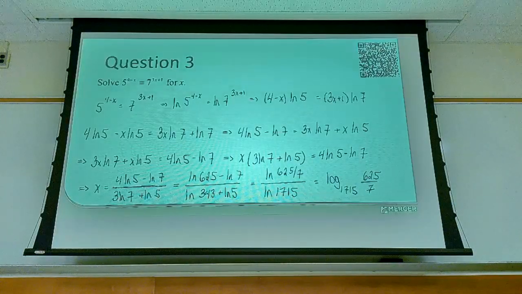And then of what we're taking the log of in the numerator. And so again, either of those answers, depending on how far you want to go.